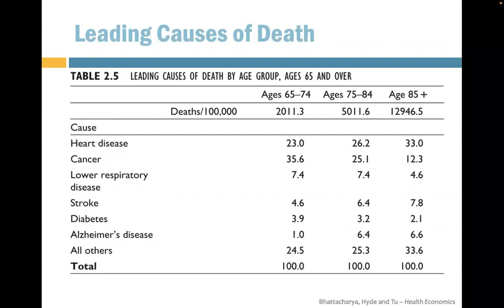So yes, the first three go back to heart disease, cancers, and stroke. Actually, stroke is more likely for age 85 or above, but lower respiratory disease is higher than stroke for 65 to 84.